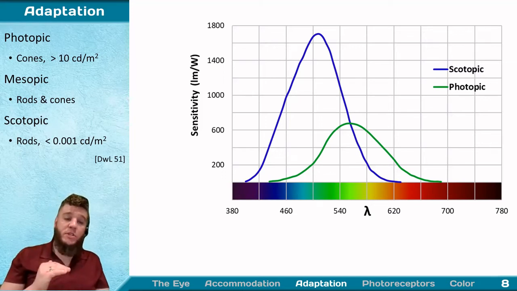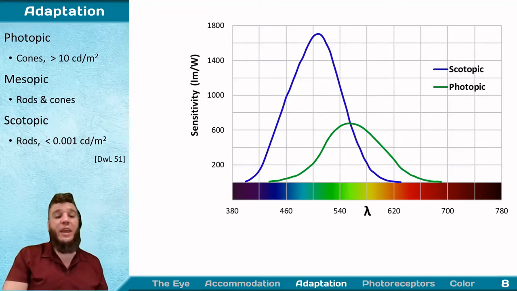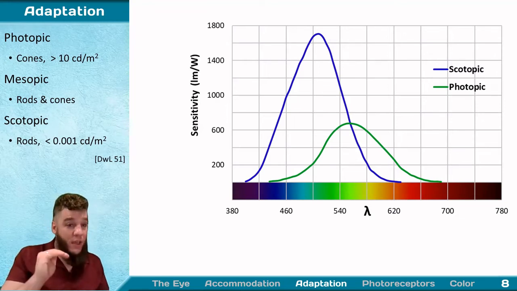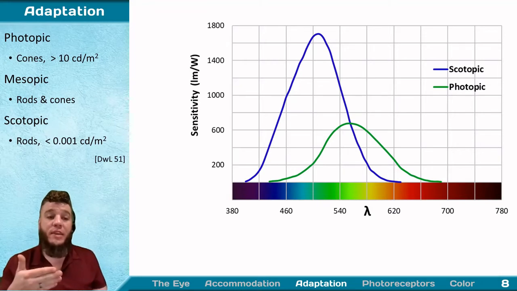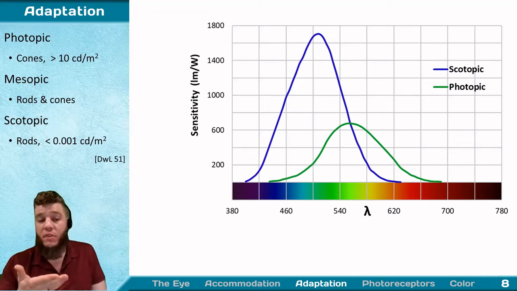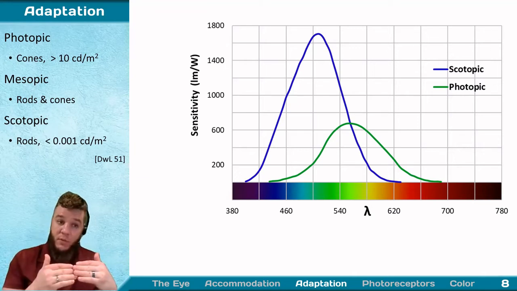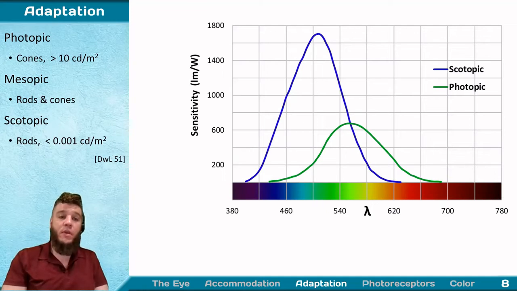On the other end of the spectrum, scotopic vision happens below 1/1000th of a candela per meter squared. Now, this is a lot lower than you think because when you're in fully scotopic vision, you can only see in grayscale because there's only a single photoreceptor, and color is actually the result of comparisons between photoreceptors.